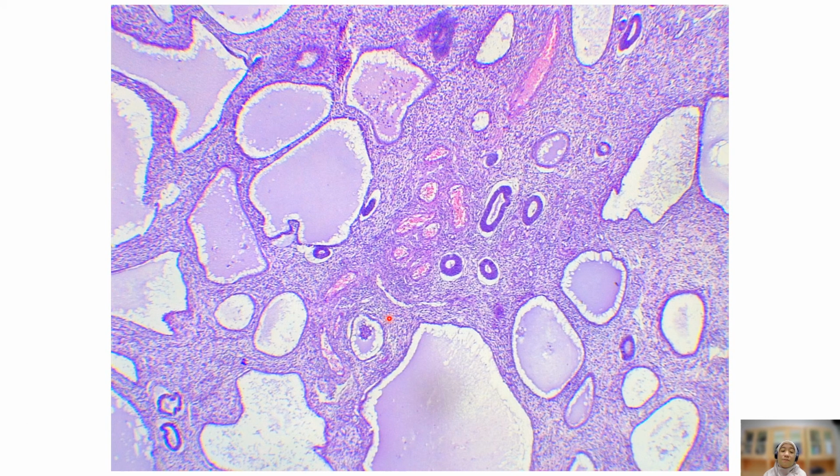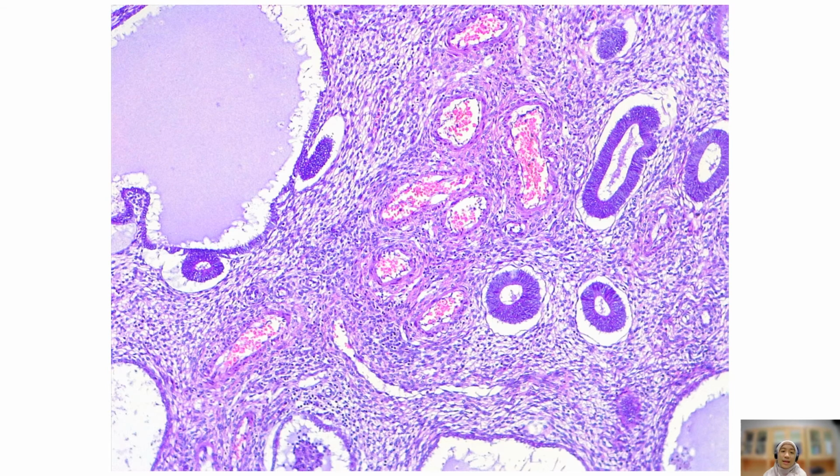At the center of polyp tissue, we can find groups of thick-walled blood vessels here. This is one of the endometrial polyp characteristics. This picture shows higher magnification of thick-walled blood vessels.